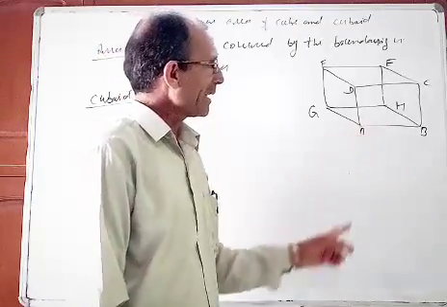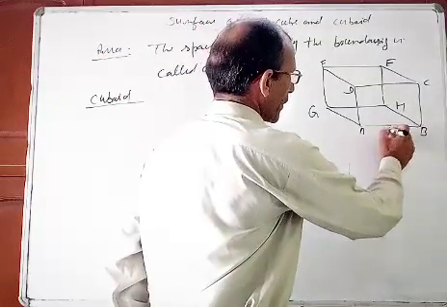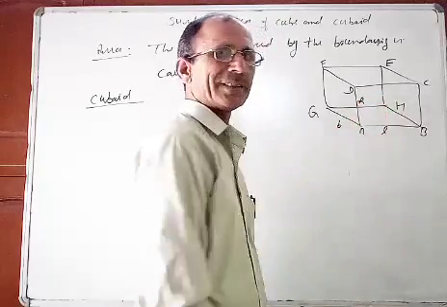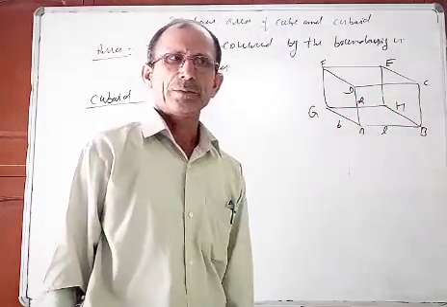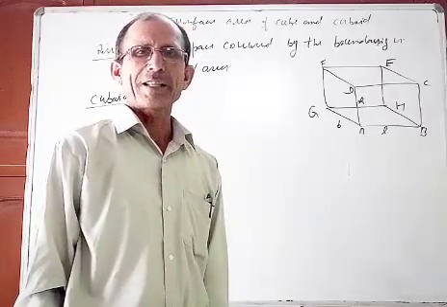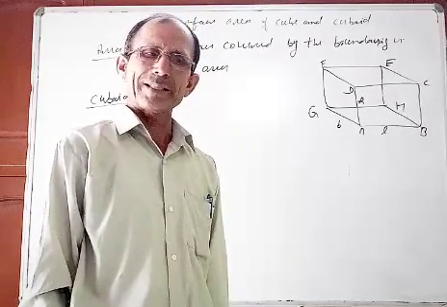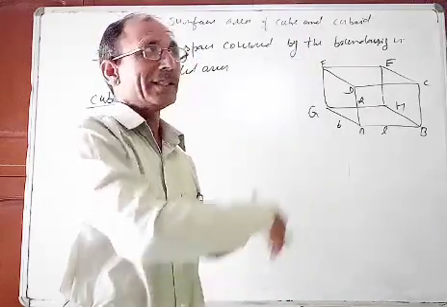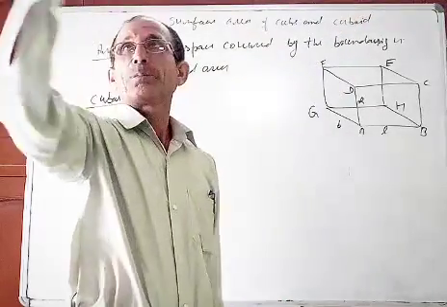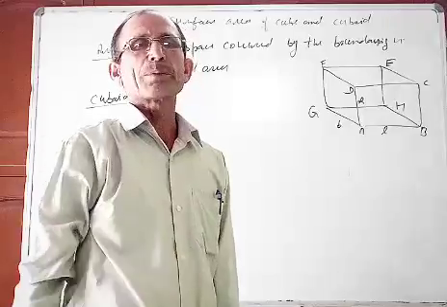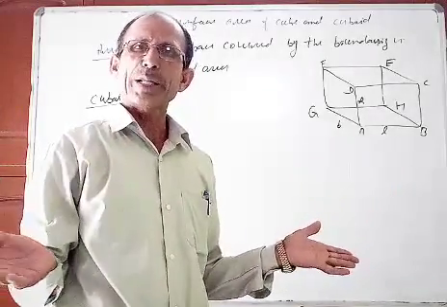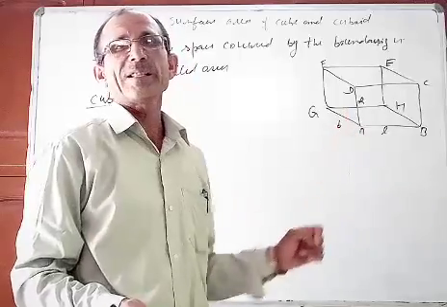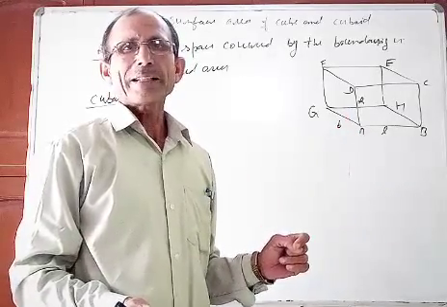Try to understand, this is the length of the cuboid, this is breadth and this is height. By giving the example of a room you can understand easily. The floor is one face, this wall is another face, that is the third, fourth, fifth, and the top is the sixth. So there are 6 faces in a cuboid, and all the faces are rectangular.